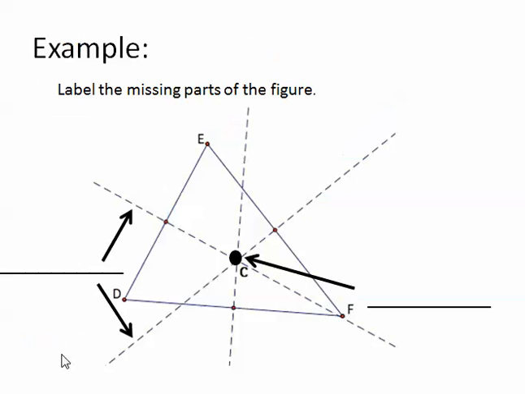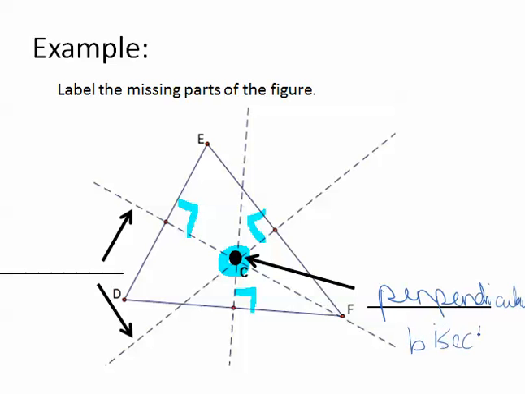Alright, let's go and label these. These lines aren't drawn, but I'll draw them for you. All these perpendicular bisectors, when they all meet, like I said, sometimes they'll show up in the middle. Let's go ahead and label what I just called these. These are perpendicular bisectors.